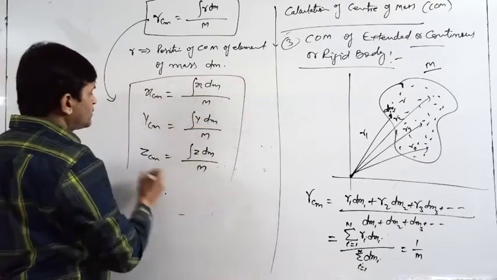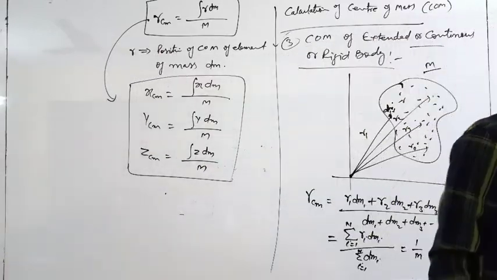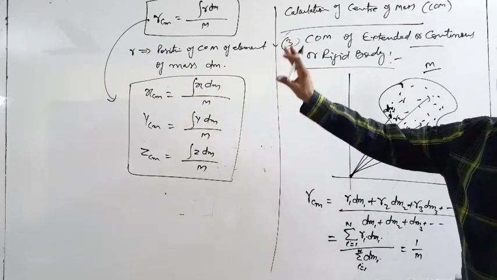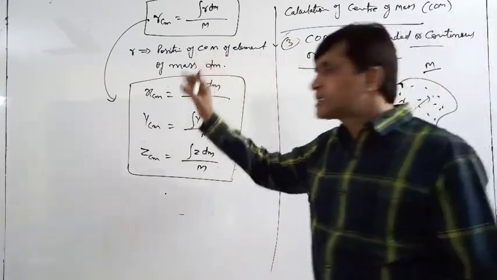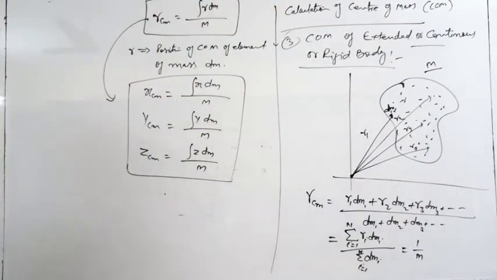In this form you can write. Okay, understood? So first I told you this is the formula. In this relation we have to put the value, then we will integrate, then we can get the answer. So I will solve some problems, then you will get the idea how to do this. So note down this.